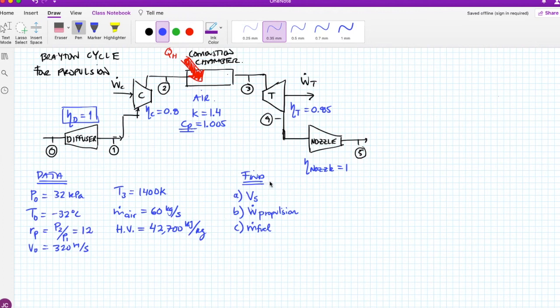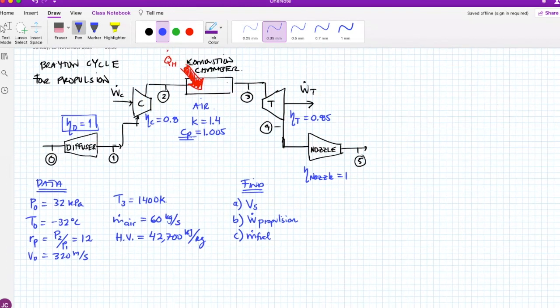You need to find, for this example, the velocity at 5 and the power of propulsion. This is not the power at the compressor, not the power at the turbine. It's the power for the propulsion, because this is actually what this thing is intended for, to propel something. They also want you to find the mass flow of fuel at the combustion chamber.